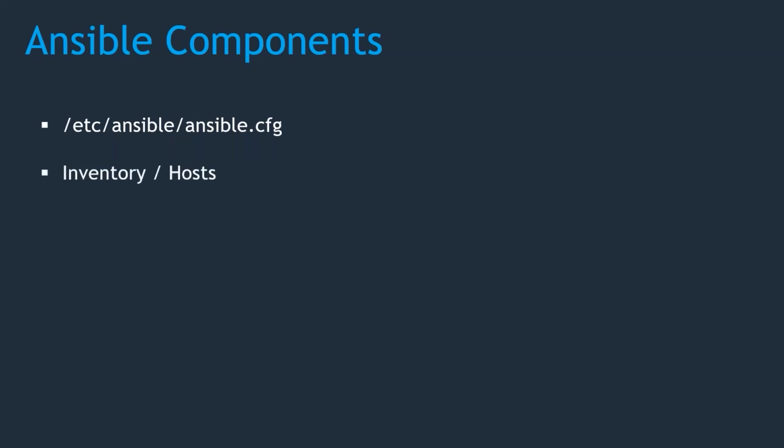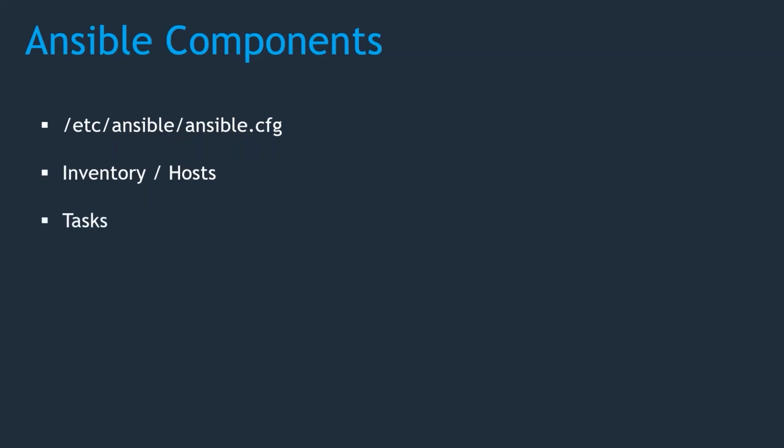Next, inventory and hosts. We already discussed this one. The inventory or hosts file is a file where we keep all our managed servers' information. If you remember, we have added our RHEL and Amazon Linux systems to this inventory file. Next, tasks.